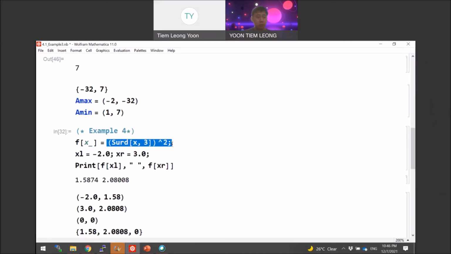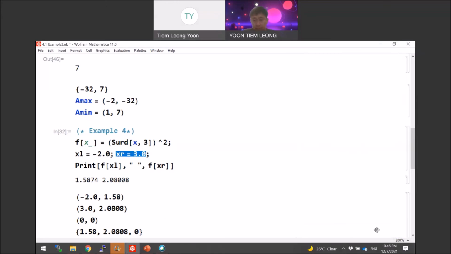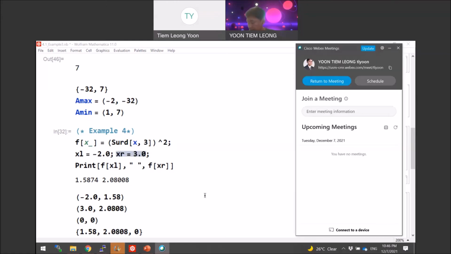Then this is XL, which is the value of x on the left-hand side, and XR is the value of x at the extreme, 3.